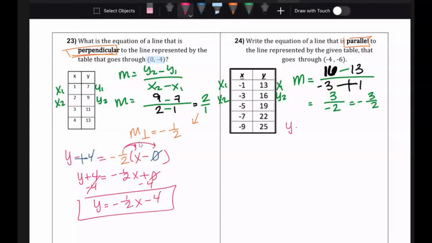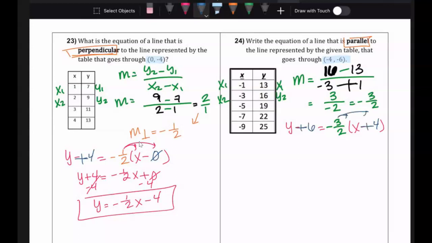So we'll have y minus my y1 value equals m, the same slope, x minus my x1. And my x1, y1, be careful, are the points they specify I have to pass through. So negative 6, negative 4 is my x, negative 6 is my y, double negatives will become positive.